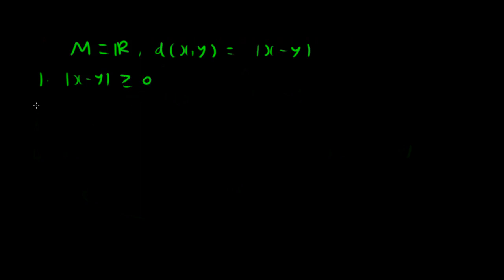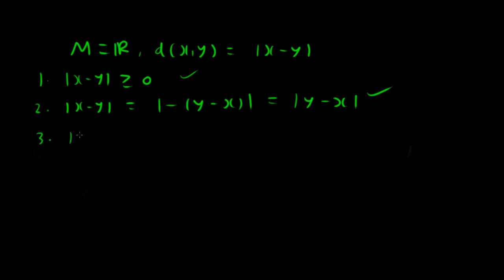That's just by definition of the modulus function. Condition number 2, we need it to be symmetric, and certainly we have this being true, since the modulus of y minus x is the same, so both of these are true.